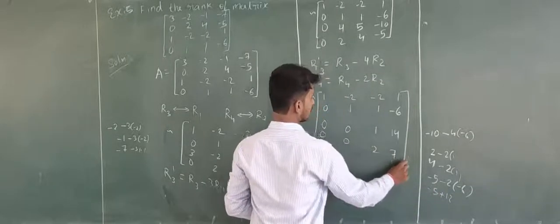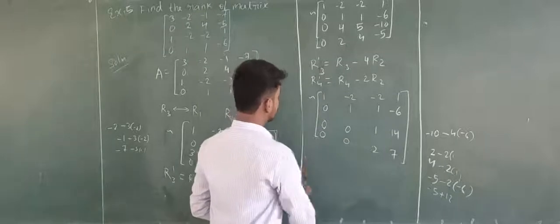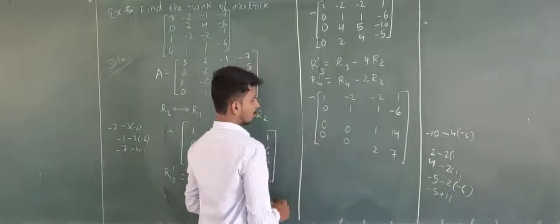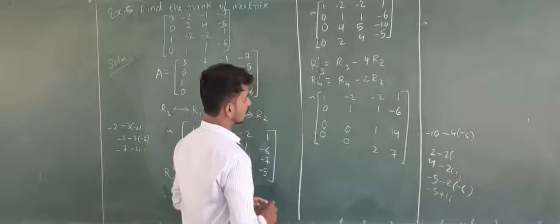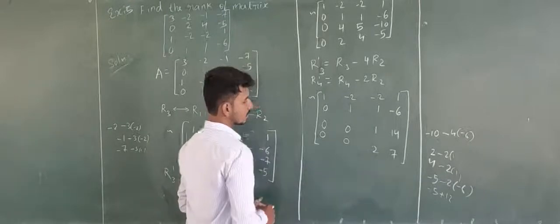This is the matrix. So the next elementary transformation will be to make this as 0.